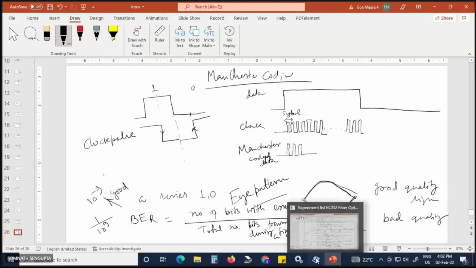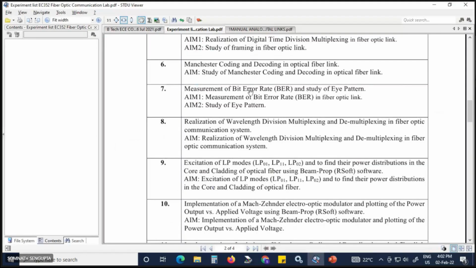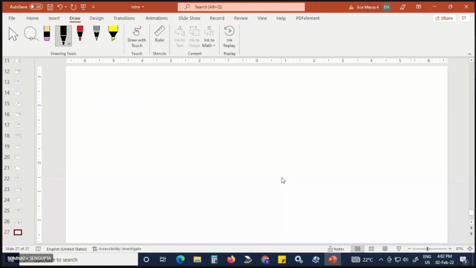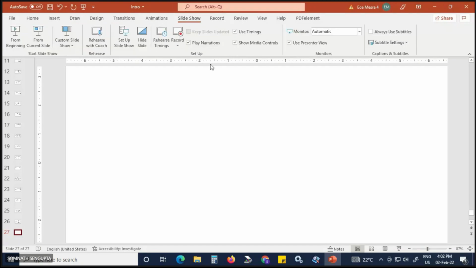The next experiment is related to the WDM and DWDM system. So what is WDM? It is wavelength division multiplexing.